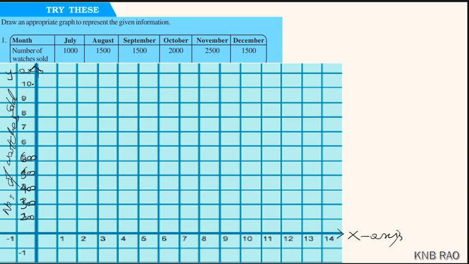Likewise I can go ahead, or else, here it is starting with minimum 1000 and maximum 2500. So I can start taking 0 to 800 as a shrinked portion.